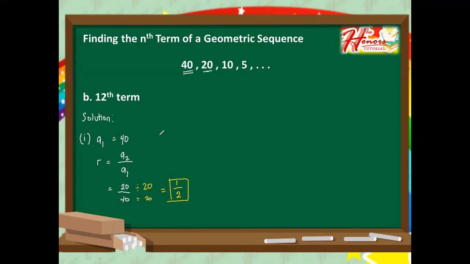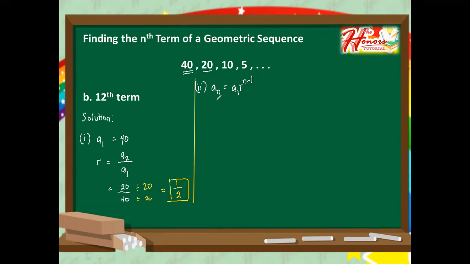So what is the formula to be used? The formula here is A sub n is equal to A sub 1 times r raised to n minus 1.